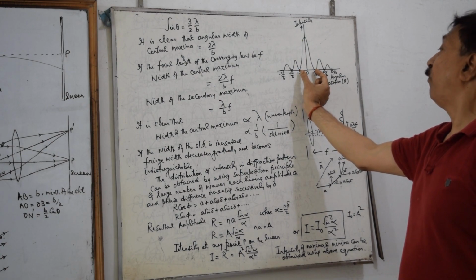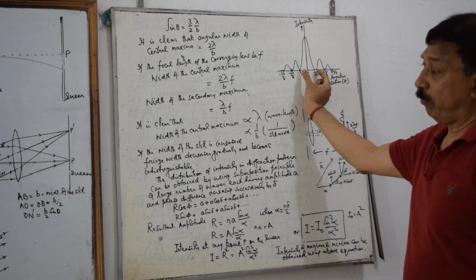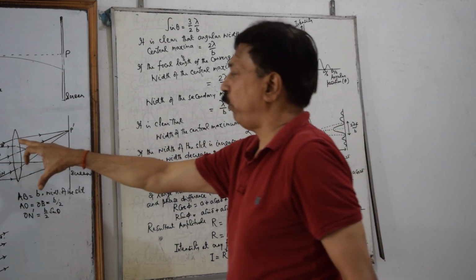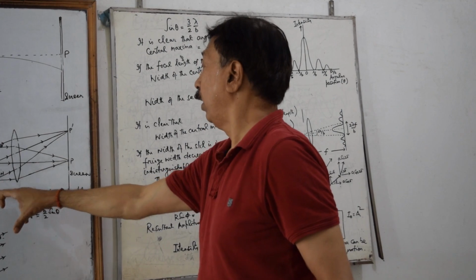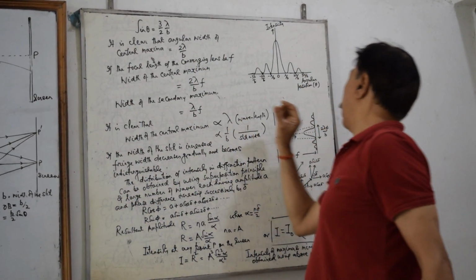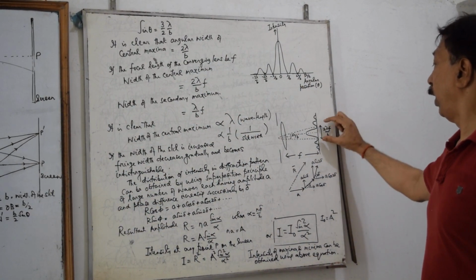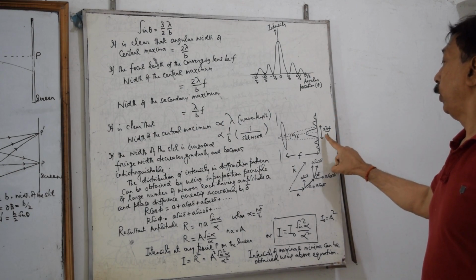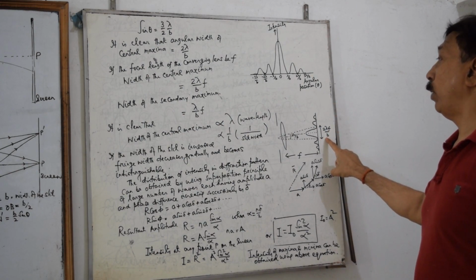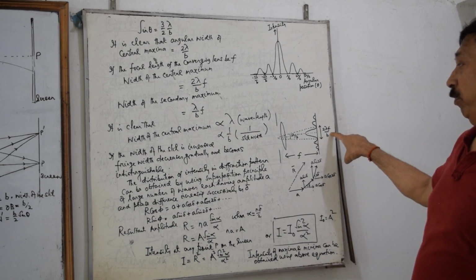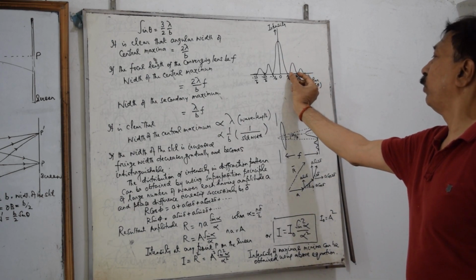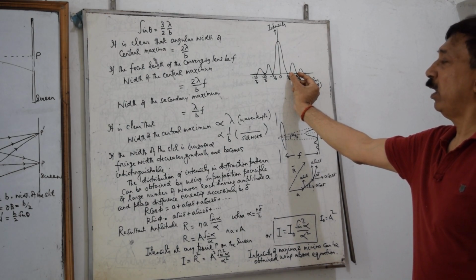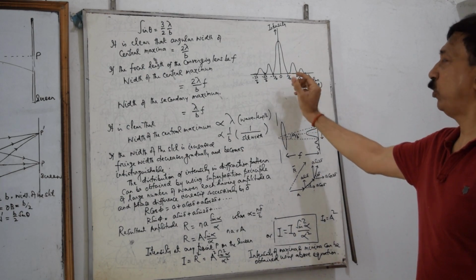And if the focal length of the lens, which is kept very close to the plane of the slit, be f, the width of the central maximum will be equal to 2 lambda/b times f. Similarly, the width of the secondary maximum will be lambda/b times f, and so on.